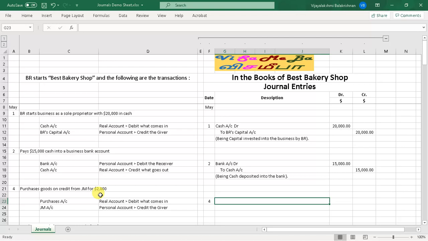So 4th of May, we are purchasing, so purchases account Dr, to JM account. And how much are we purchasing? 2000.